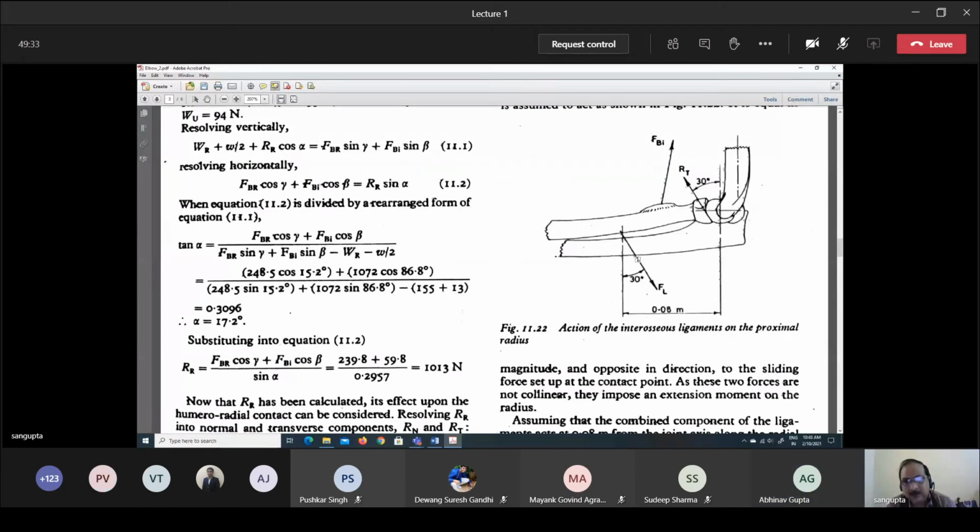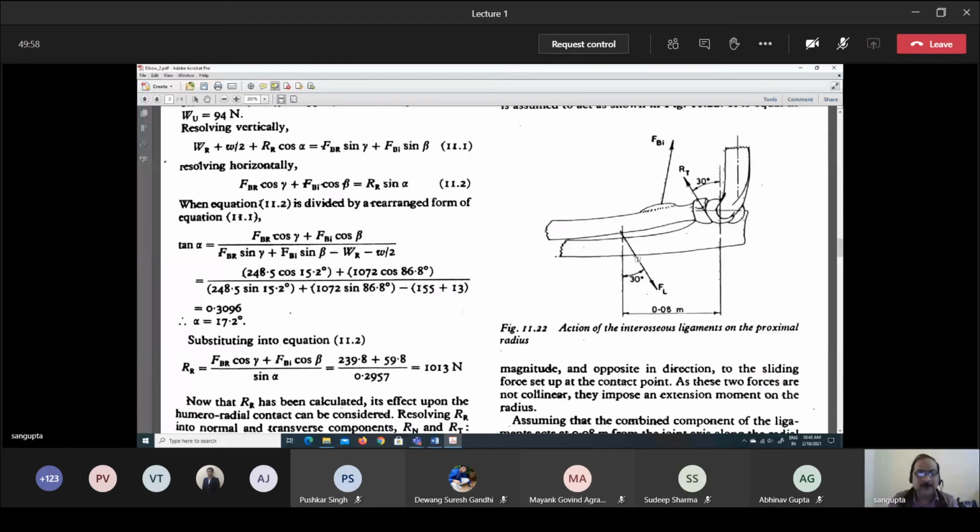They're trying to, because since that has a major, as I told you, in a musculoskeletal system in general, for a particular movement, not every ligament or muscle will be having a major contribution. They are working in tandem.